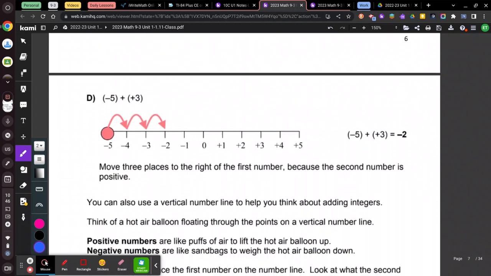All right, letter D. We're adding a positive this time. So if we're going to add a positive number, which direction do I move? To the right. If I'm adding a positive number. So I move to the right.